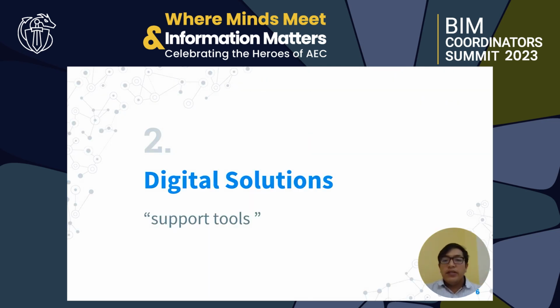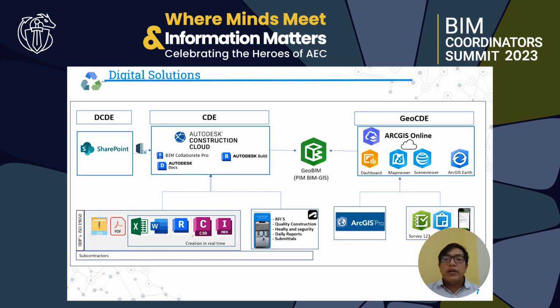Number two, digital solutions. It is very important to have the support of digital solutions. We rely on these digital solutions. GeoBIM is a good option to connect BIM and GIS data.